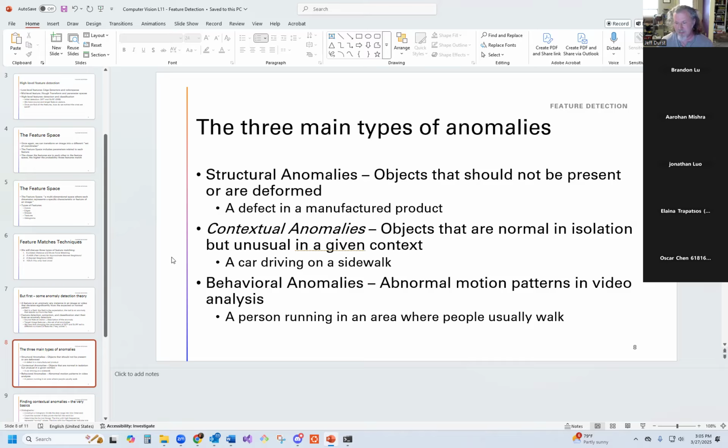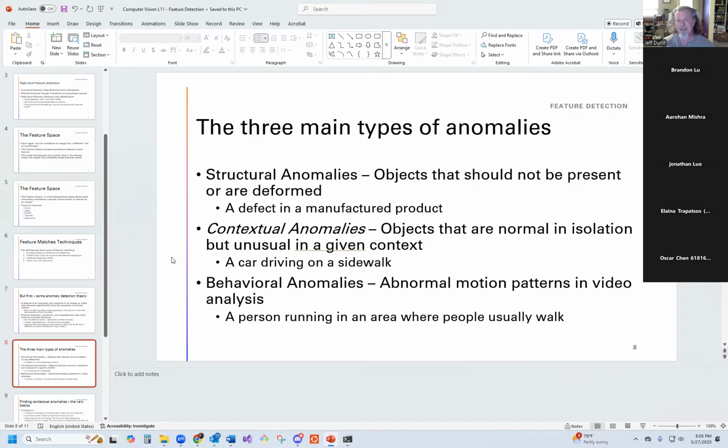A context would be a grass field. So a grass field is our normal, that's our context. And if there's a soccer ball on the field, it doesn't look like the field, it's not part of the field, it has all these different properties. So within the context of the image itself, it is anomalous.